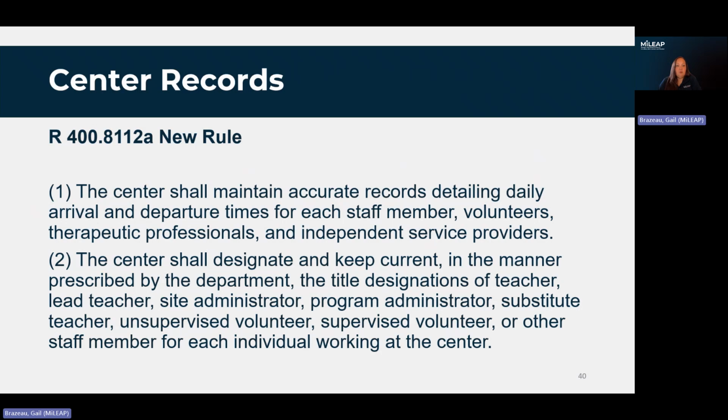And Subrule 2, the center shall designate and keep current in the manner prescribed by the department the title designations of teacher, lead teacher, site administrator, program administrator, substitute teacher, unsupervised volunteer, supervised volunteer, or other staff member for each individual working at the center.